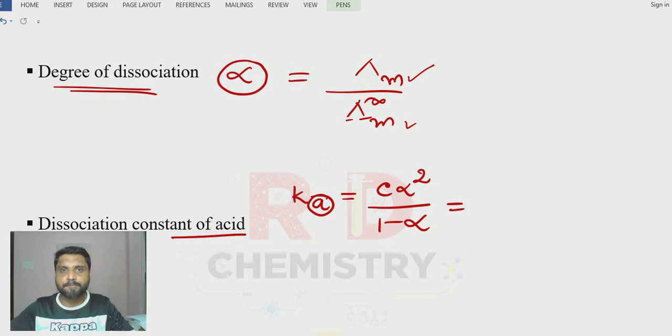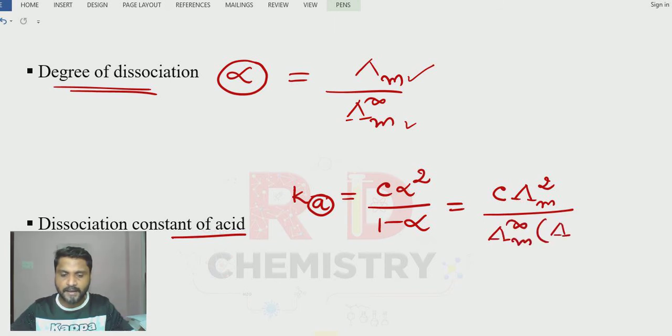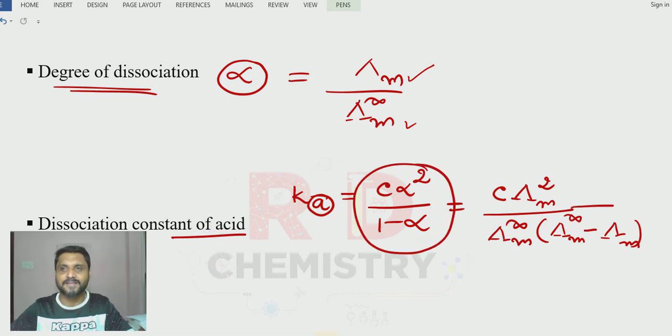So we can simplify this as C lambda m square divided by lambda m infinity into lambda m infinity minus lambda m. After simplification, or I can simply take C alpha square divided by 1 minus alpha.